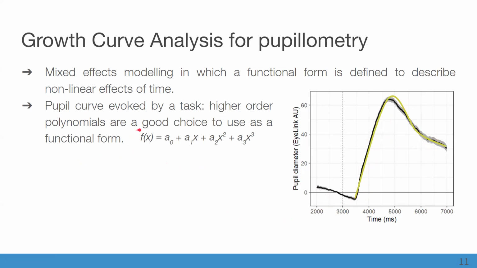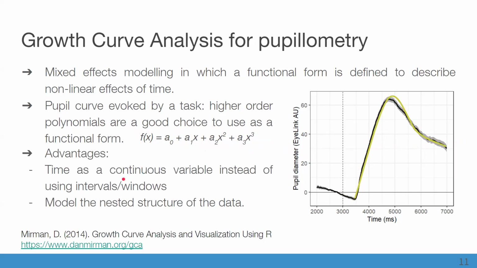So what are higher order polynomials? These things that I'm showing you here, we have coefficients and we have the different terms, the linear, the quadratic, in this case up to cubic. And we will use this kind of structures to model this. What are the advantages? First of all, we are treating time as a continuous variable instead of using intervals. This is good because we usually miss a lot of information if we just take the mean of a whole window.